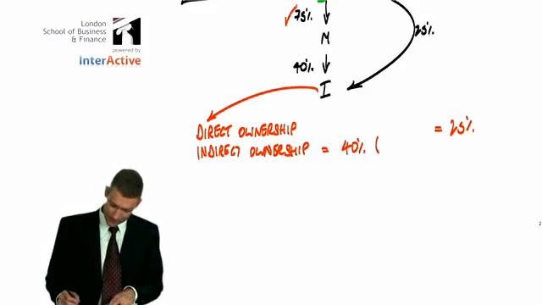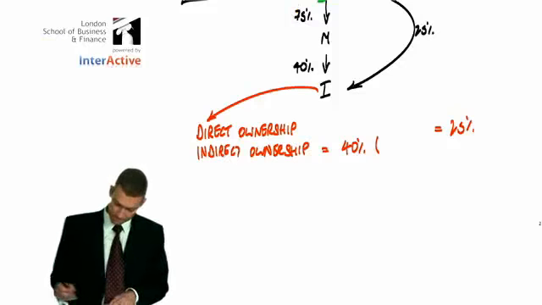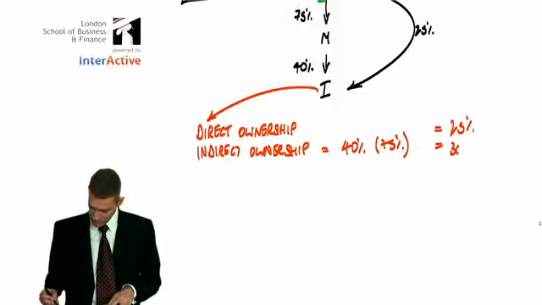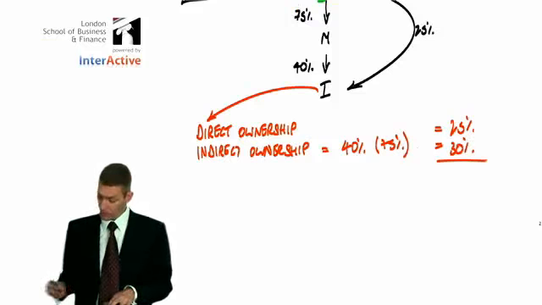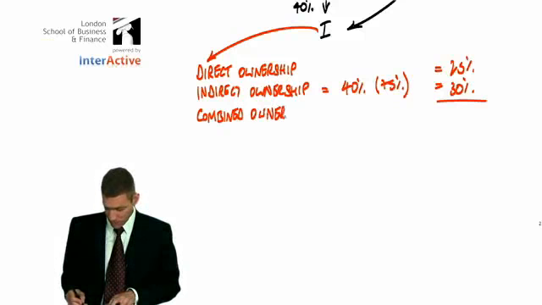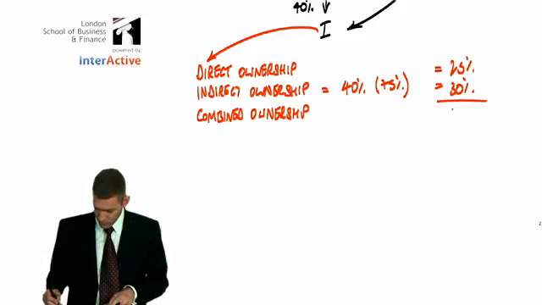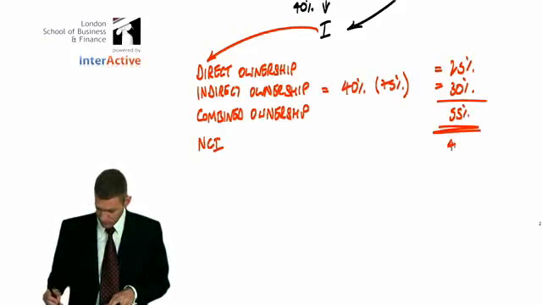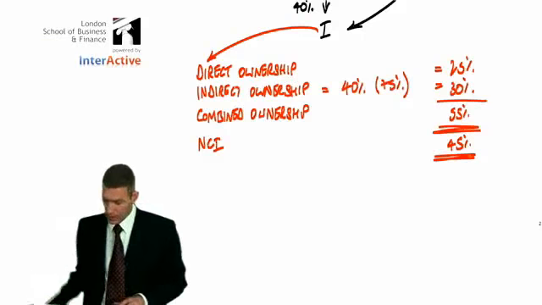It's indirectly via this 75. So it's 75% of 40, it's 30. And therefore the combined ownership, the total ownership, is equal to the combined 55% and therefore the NCI is the other 45%. So there we go.